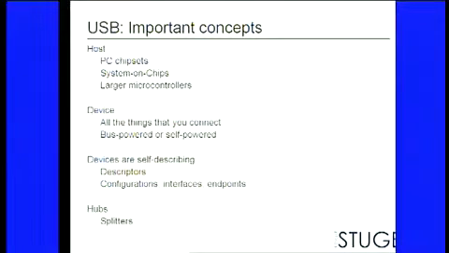So important stuff, I've already mentioned host, this is a big concept, an important part of USB. A couple of examples of hosts. The by far most common USB host is the one in your laptop or desktop computer, or server for that matter. It's a PC chipset, has a host built in.